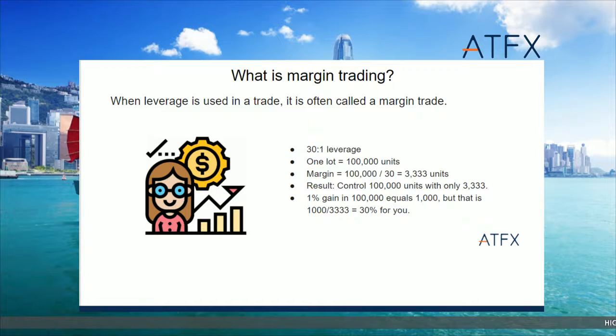Now, $1,000 over your deposit, that's 30% more or less, right? So that's the great thing with leverage. If you would maximize and effectively buy with 30 times leverage, well, if the market goes up 1%, then you make 30%. But if the market goes down 1%, you would lose 30%.